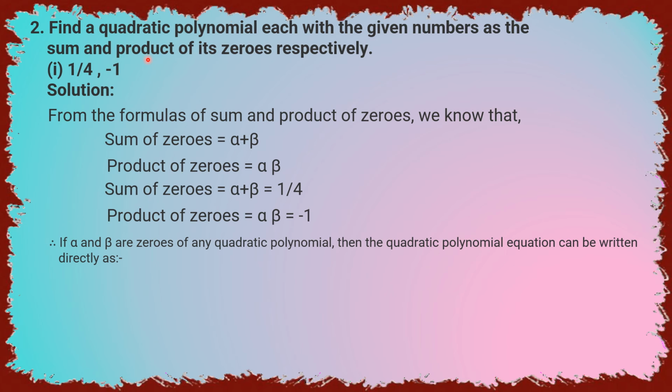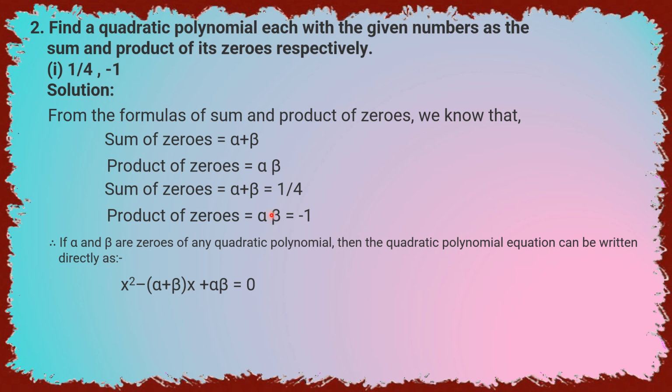Now alpha and beta are the zeros of the quadratic polynomial. Then the quadratic polynomial equation can be written as x square minus sum of the roots, alpha plus beta, into x plus product of the roots, alpha beta.